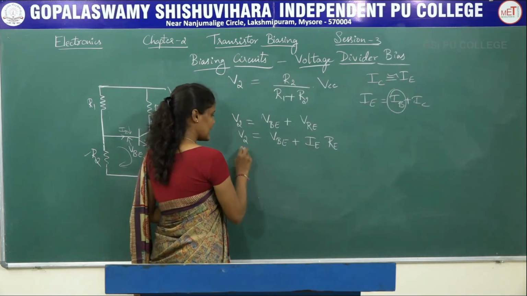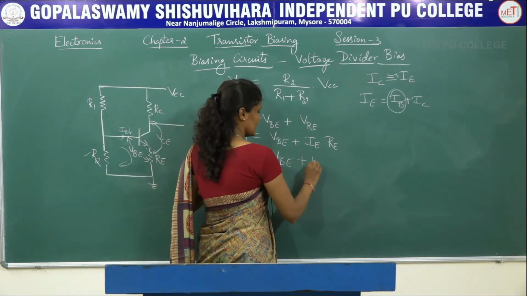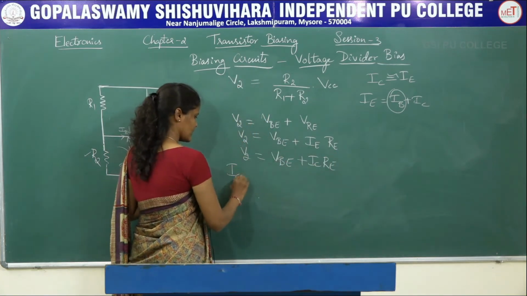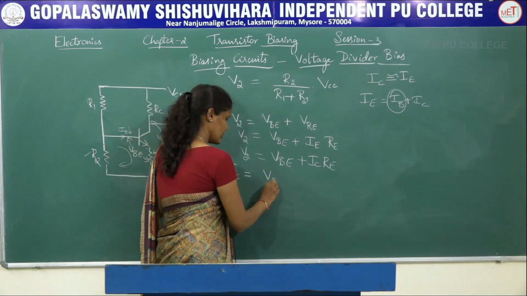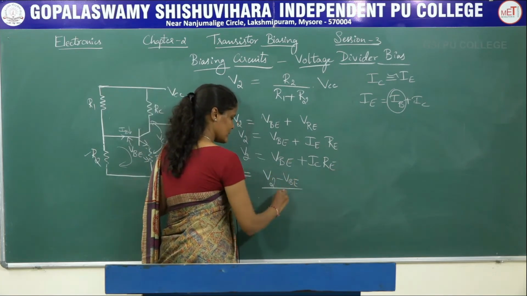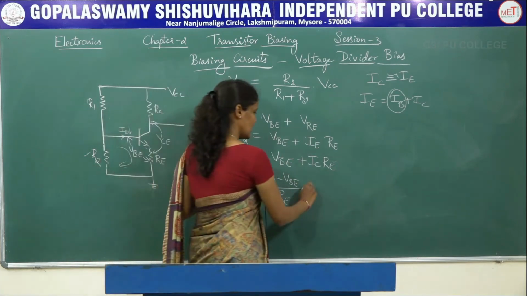So in place of IE, I am going to substitute IC into RE. If I manipulate this expression, IC will be equal to V2 minus VBE divided by RE. So this is one particular expression for IC.